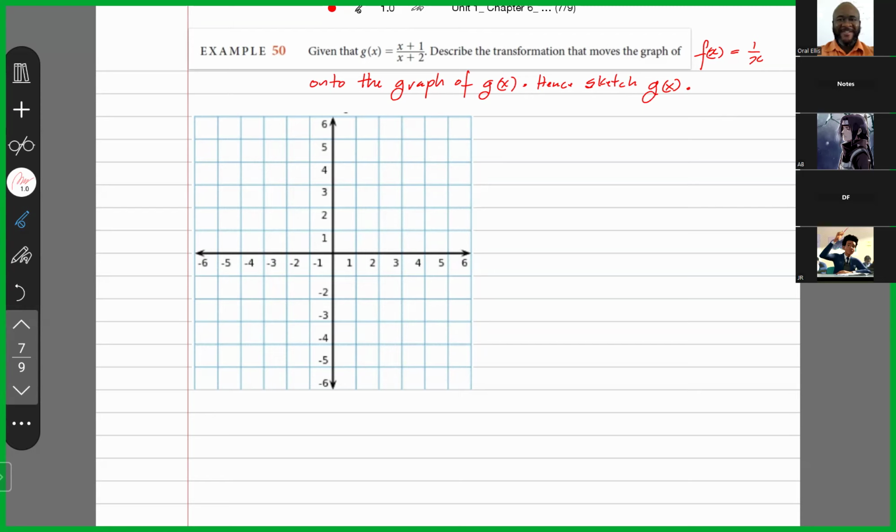We've already established that x plus 1 over x plus 2 is an improper fraction, and as such, we first convert it to a mixed fraction by dividing the numerator by the denominator.